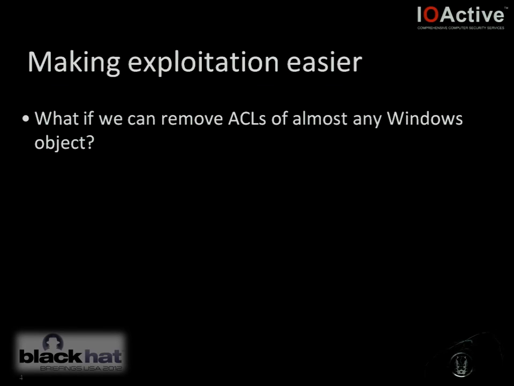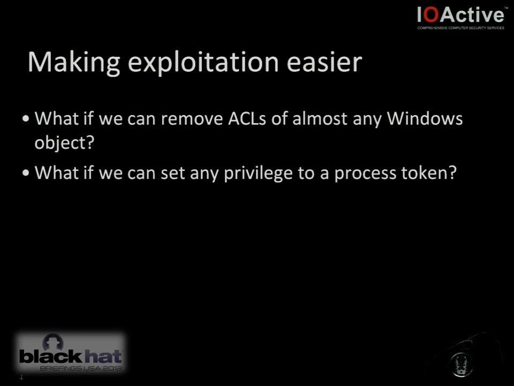So one of the questions I asked myself was, what if I can remove an ACL from a process, for instance, the LSASS process? I could inject code in that process and elevate privileges, or I could dump the password hashes from there and then crack them offline, or do some pass the hash, etc.